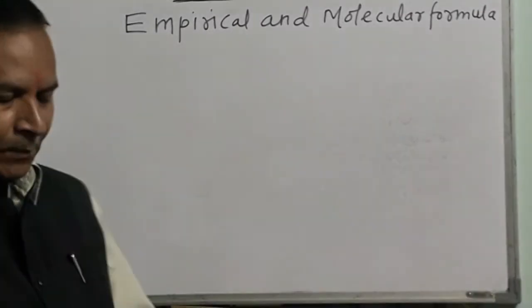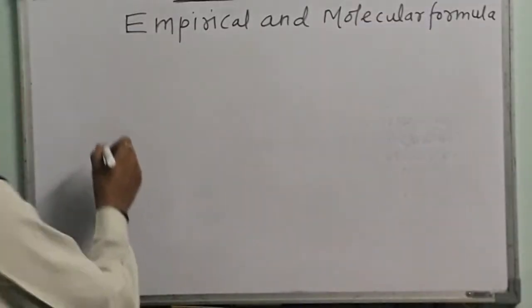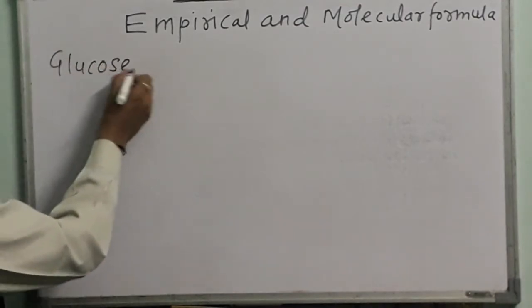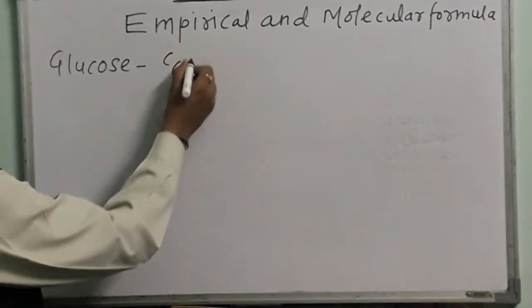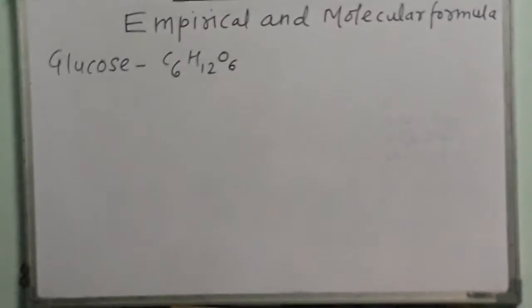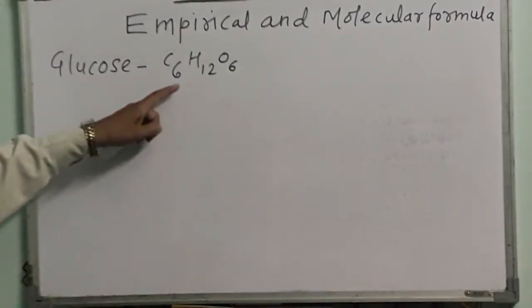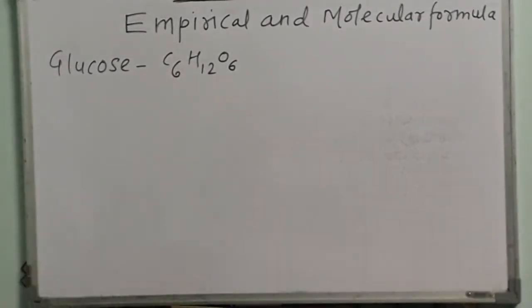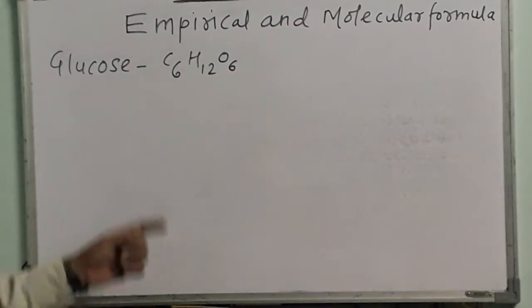So friends, we have many formulas of different compounds. Now see some examples. If glucose is considered, the molecular formula of glucose is C6H12O6. The numbers of atoms are 6, 12 and 6 for carbon, hydrogen and oxygen respectively.